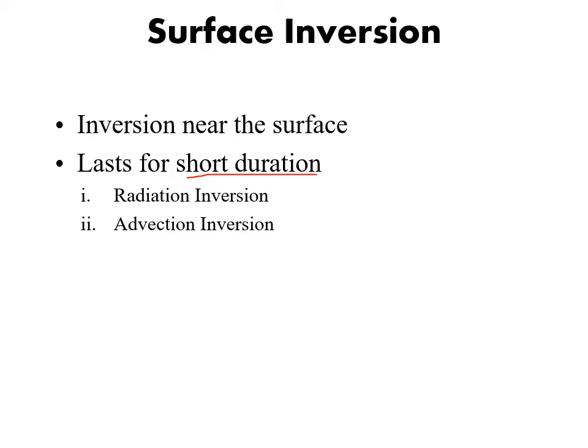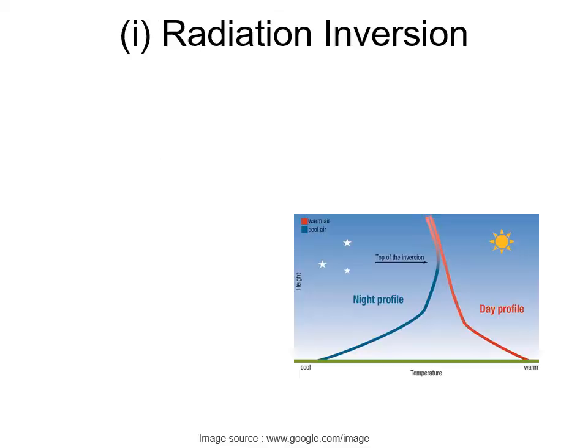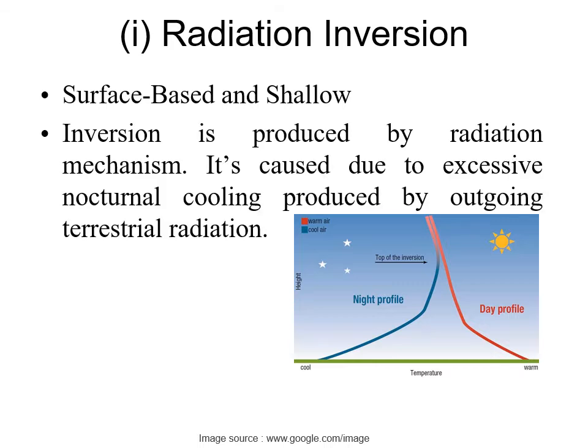Now, surface inversion can be again of two types. One is radiation inversion, another is advection inversion. In radiation inversion, this type of surface inversion is basically produced by radiational cooling.